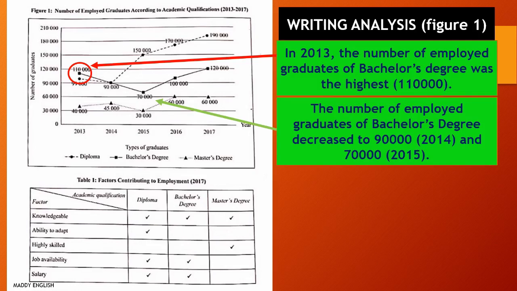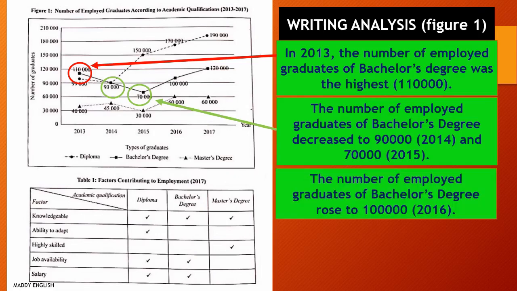Look at sample number 2. The number of employed graduates of bachelor's degree decreased to 90,000 in 2014 and 70,000 in 2015. So in this sample, I am referring to the data in 2014 and 15 for the same academic qualification, which is bachelor's degree.